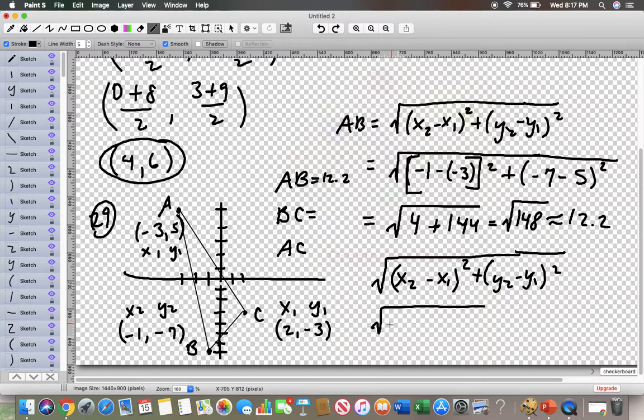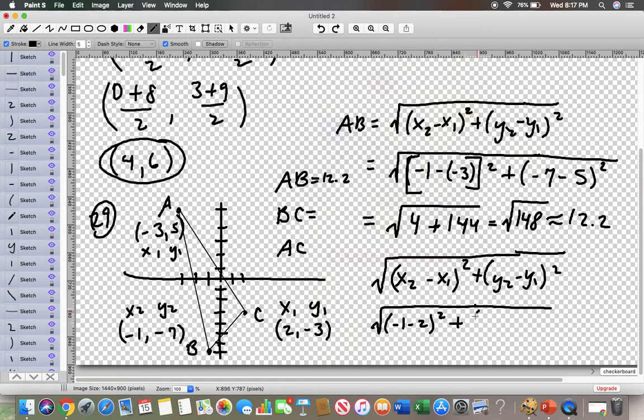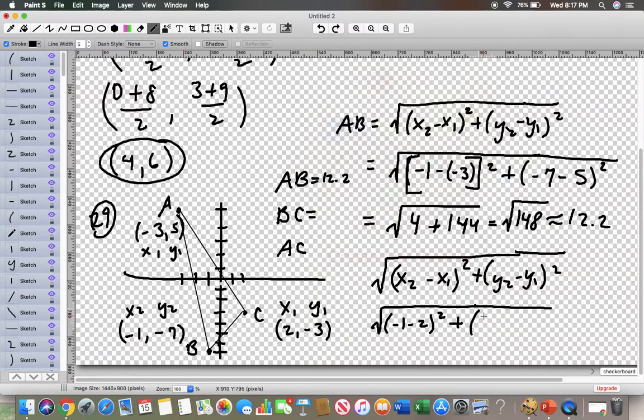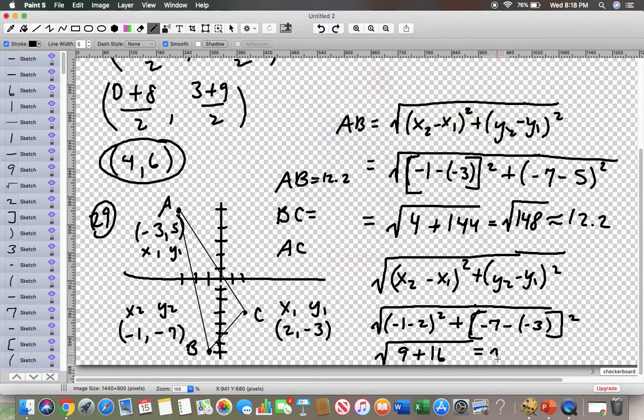Therefore, I have -1 minus 2 squared plus y sub 2 is -7 minus y sub 1 is -3. Make sure you don't forget that negative. And let's simplify. -1 minus 2 is -3 squared, which is +9, plus -7 plus 3 is -4 squared is 16. So that's the square root of 25, which is 5.